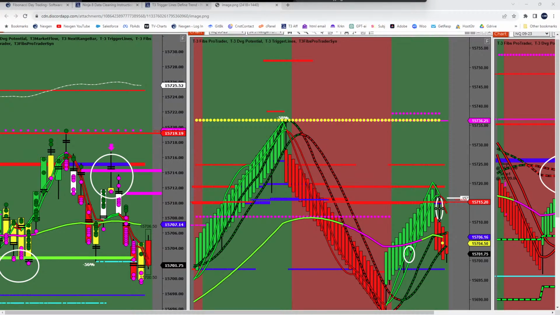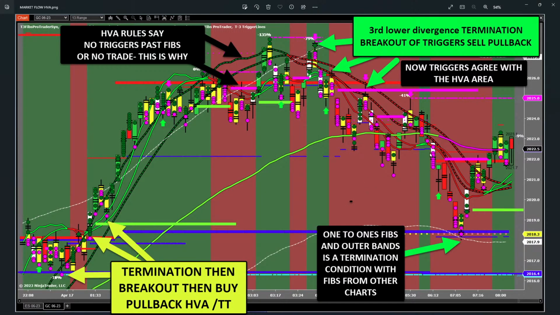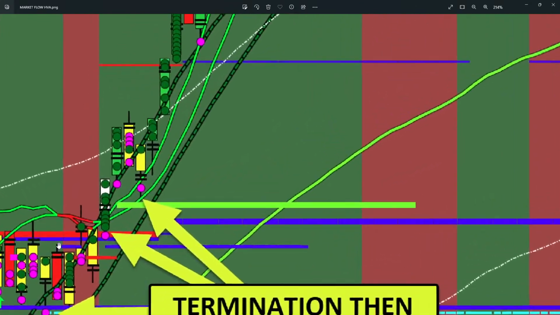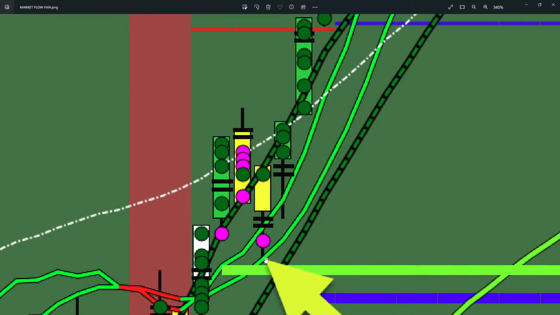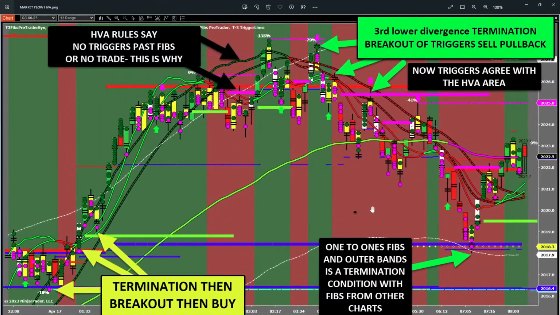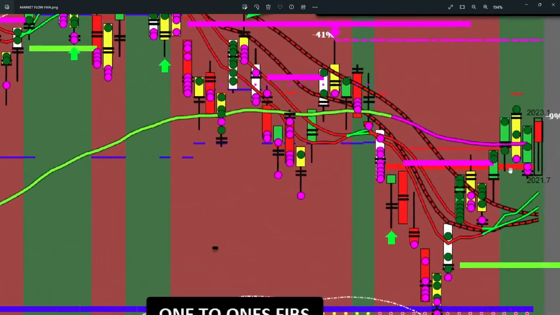The only reason I say that is because ideally for high volume area trades, you want to have some type of trigger line helping you out. Which, dang it, hang on, my thing is stuck here. Right? So ideally, this is kind of the way I put it together. If you're going to be using a high volume area to go long, you want to have helpful triggers, or vice versa.